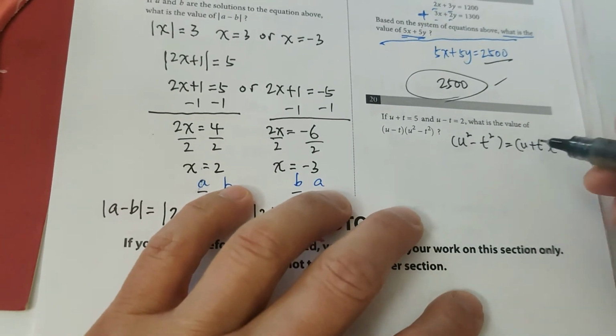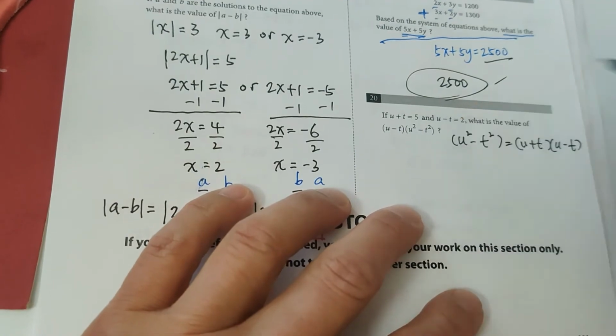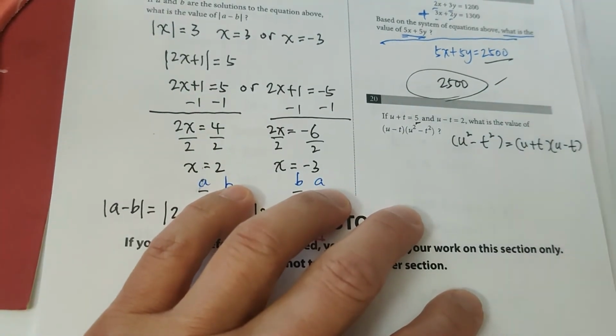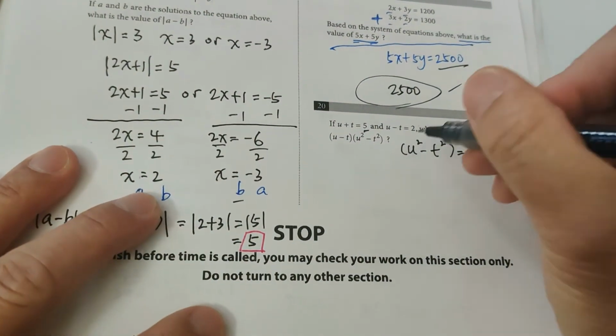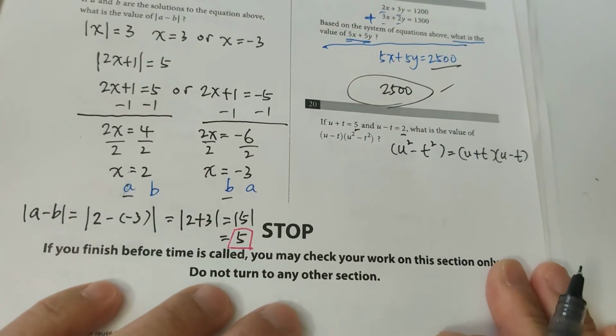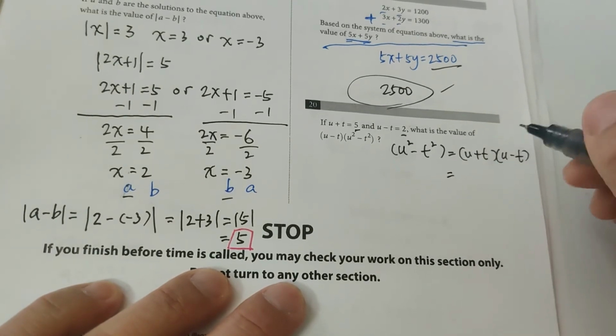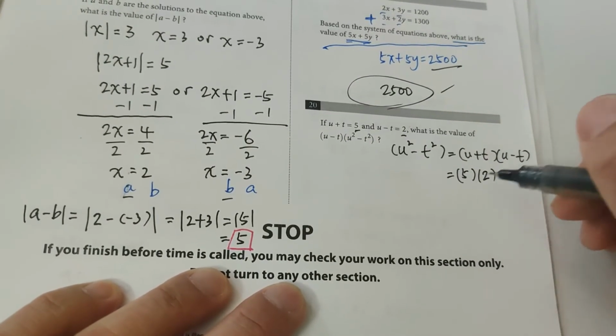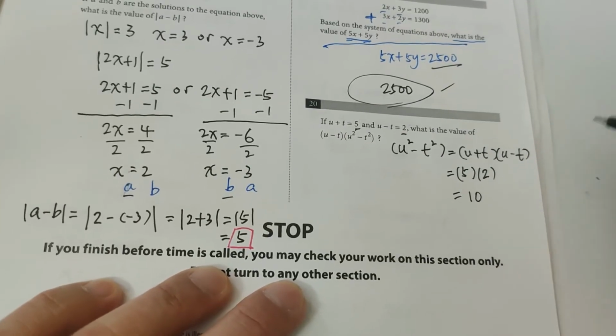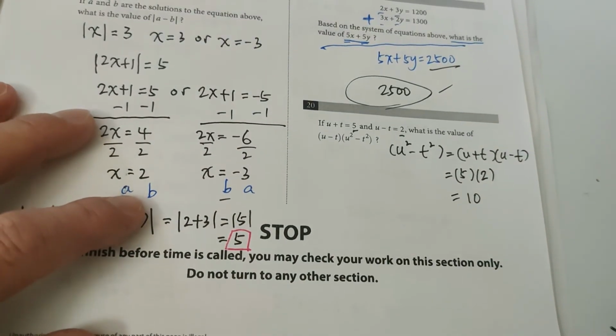It is given that u plus t is 5 and u minus t is 2. So we can just plug in the u plus t with a 5 and the u minus t with a 2, and you're going to have 5 times 2 is 10. Okay, u squared minus t squared is 10.